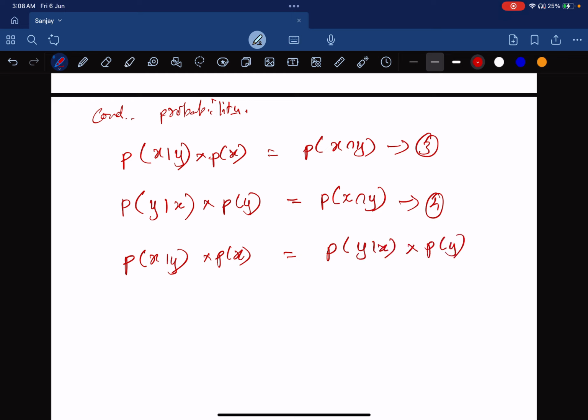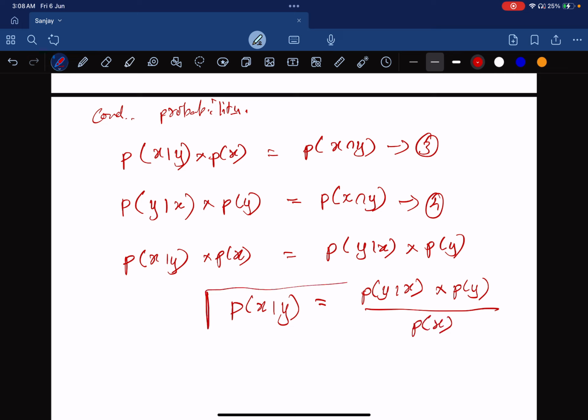If I rewrite the equation for the probability of x given y, it looks like P of x given y equals P of y given x into P of y divided by P of x. This equation is called the Bayes theorem.